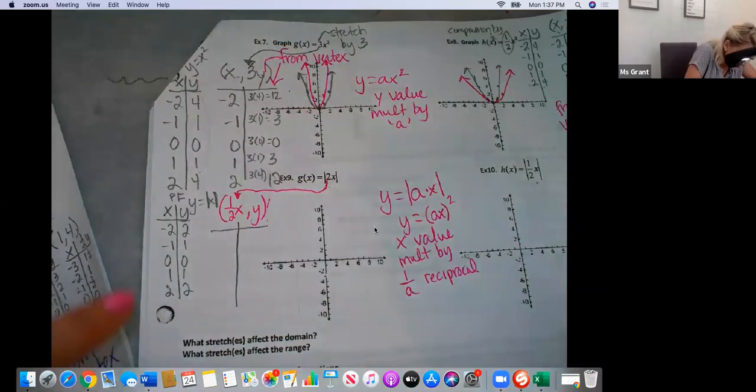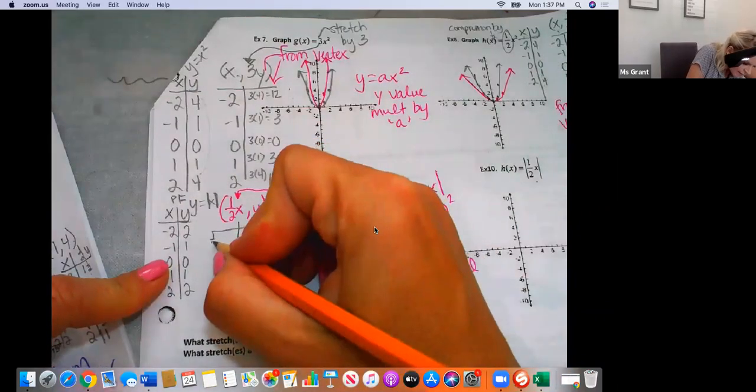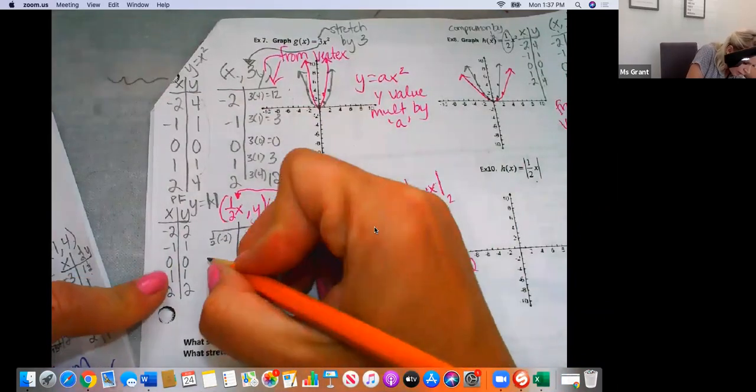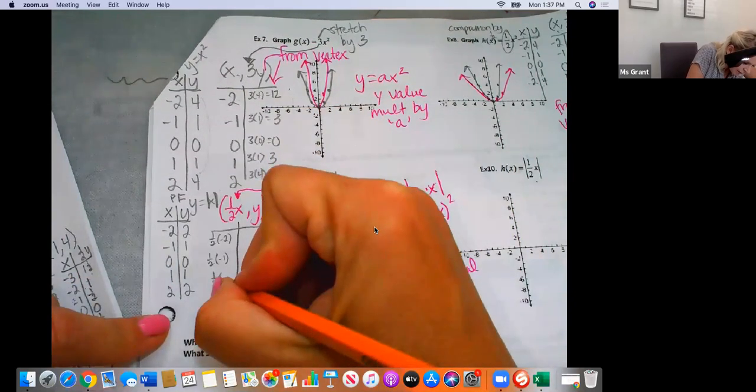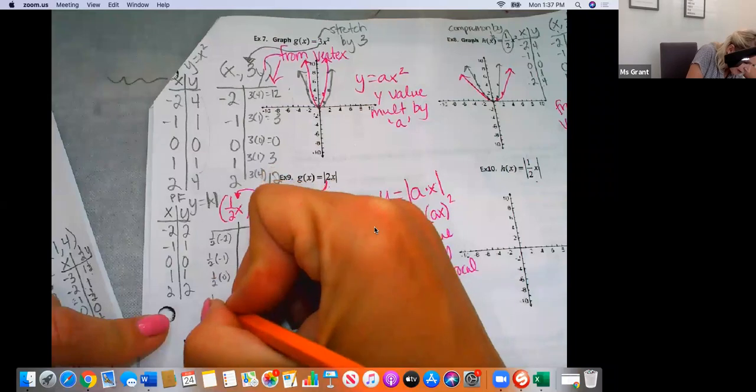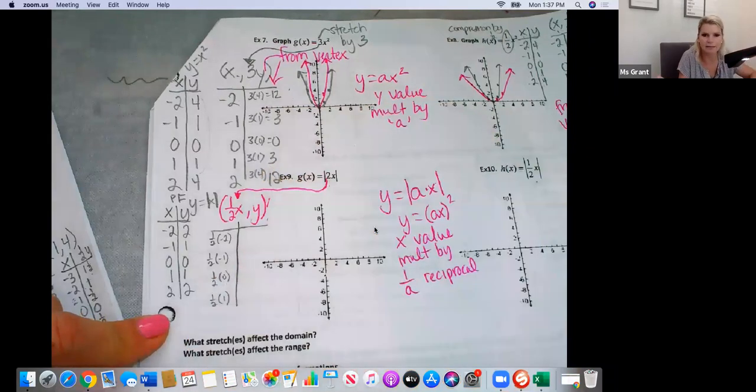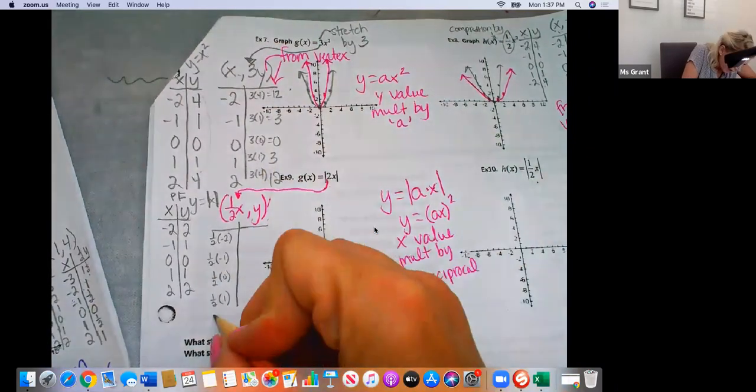Ready? That's 1/2 times -2. 1/2 times -1. 1/2 times 0. 1/2 times 1. Right? 1/2 times 2.